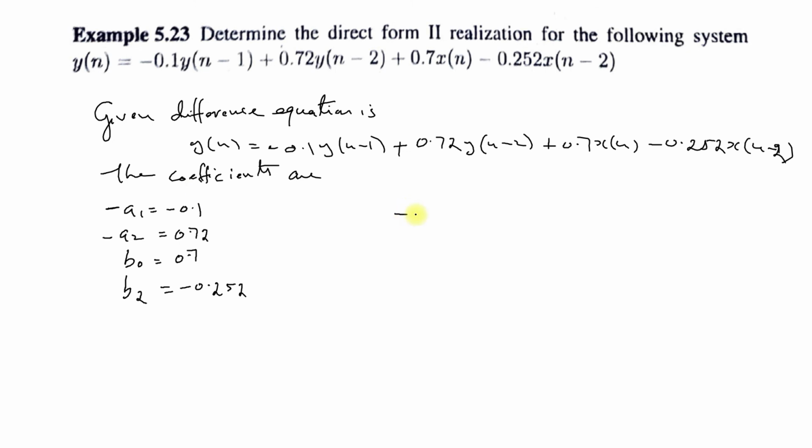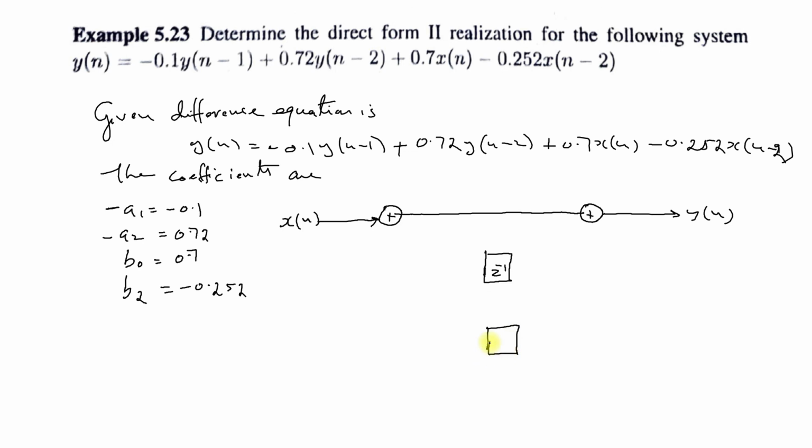So first of all, we can draw the input x of n and the output y of n. In the given difference equation, the maximum number of delays is 2. So at the center we can draw 2 delays, z inverse, then we have the second delay. Now we can put the arrows here.